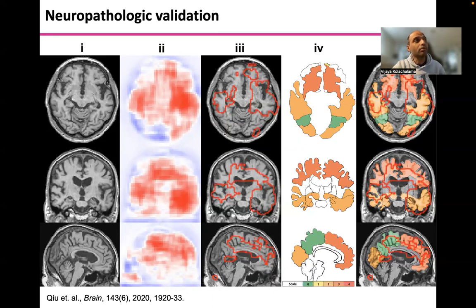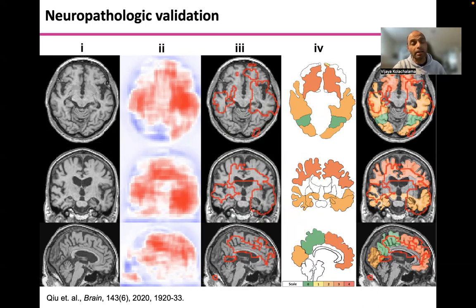So what we did was we used those interpretable heat maps from our model and overlaid them on the regions where neuropathology scores were available. What you're seeing here on the slide is the overlay of the model predicted regions of high Alzheimer's disease risk with postmortem findings of Alzheimer's disease pathology in a single person.